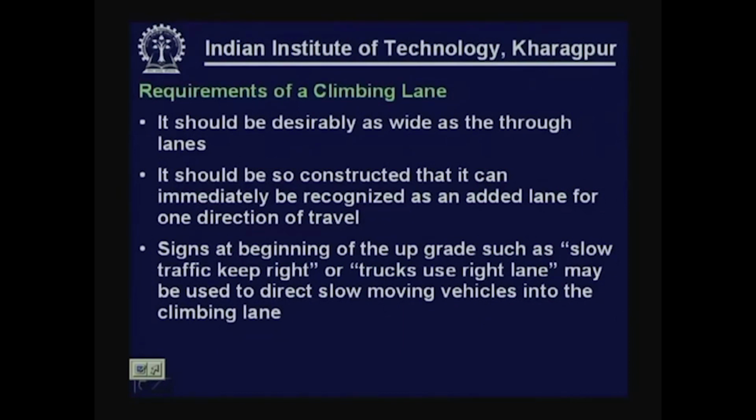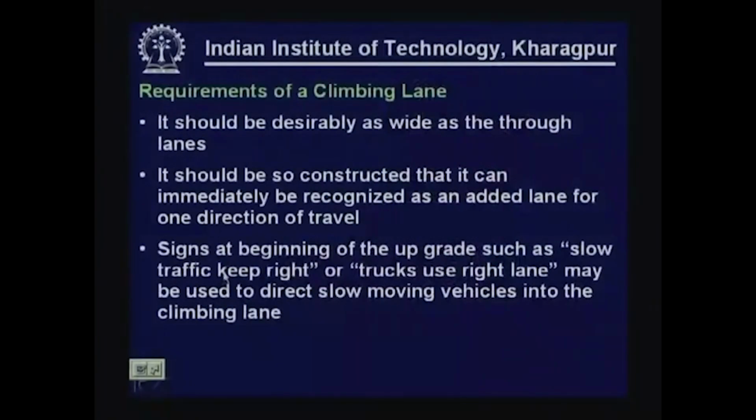It should be so constructed that it can immediately be recognized as an added lane for one direction of travel. Wherever we are providing it for one direction, the driver should be easily able to recognize it as an added lane, not just think that it is a 3 lane road. They should understand that it is basically a climbing lane, an added lane for a specific purpose.